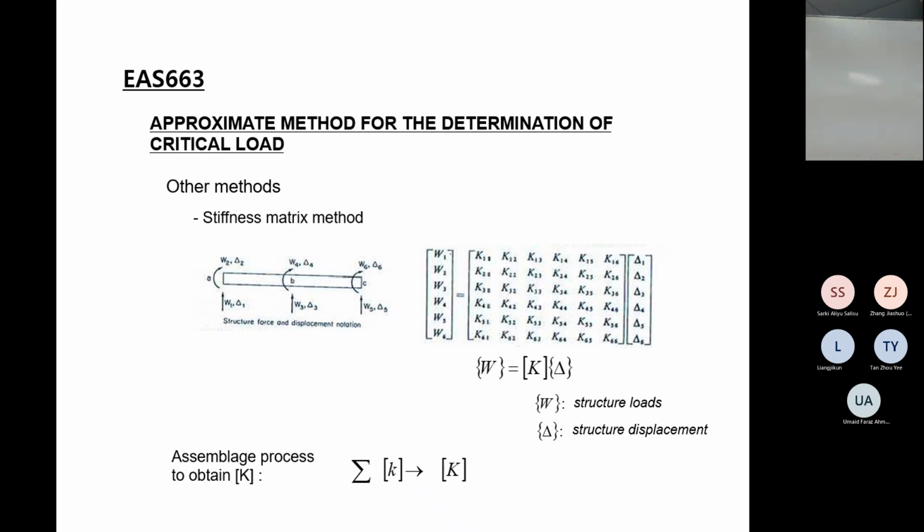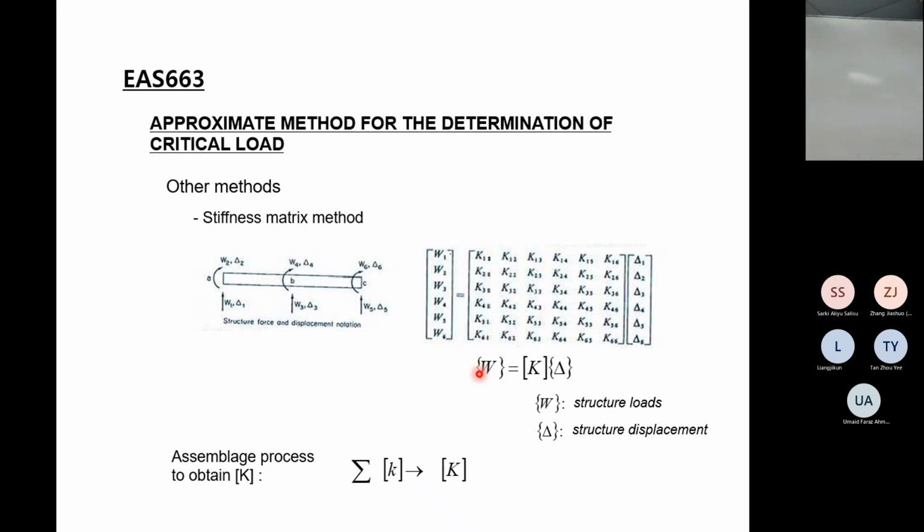Given the forces acting at what we call the nodes here and the corresponding displacement or rotation that will happen at the nodes, okay, we combine all the element stiffness equations into this structure stiffness equations. So instead of Q, which is the element force, we have W, which is the structure load.